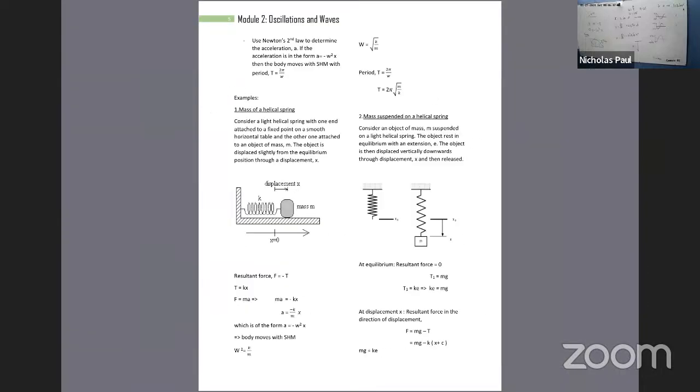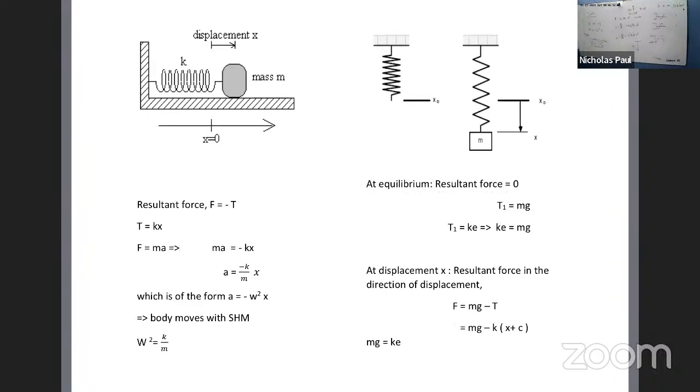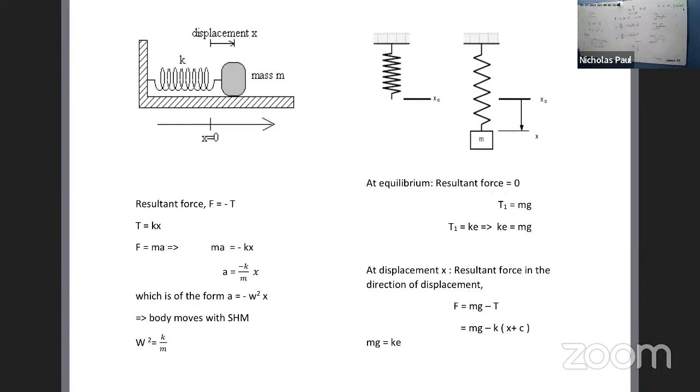So let's see if we can apply some forces here to it. When you apply a force here, the restoring force, where will the restoring force act? When you pull it to the right, it will pull the object where? Back to the left.